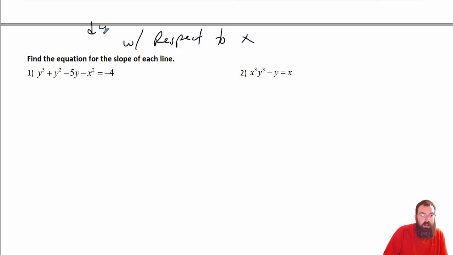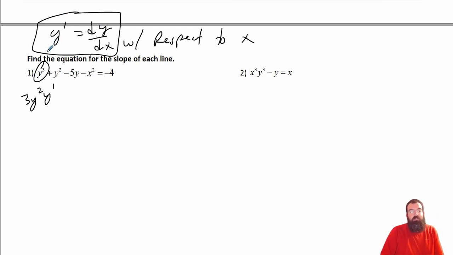So it's dy over dx. This here is 3y squared y prime. I am going to say that y prime is dy dx. I'm sorry, not equals. I don't know why I put equals there. Let me see if I can erase that pretty easily. There we go.